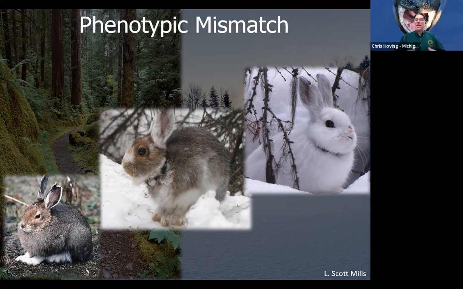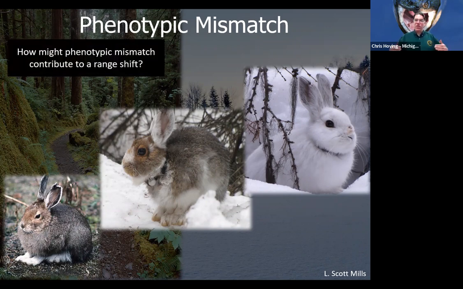And so there's been genetic selection for the timing of their coats to change, and that's been relatively stable for the last many thousands of years, since about 9,000 years ago, when we got into this interglacial period. And so different populations are adapted to the snow seasons that they experience.